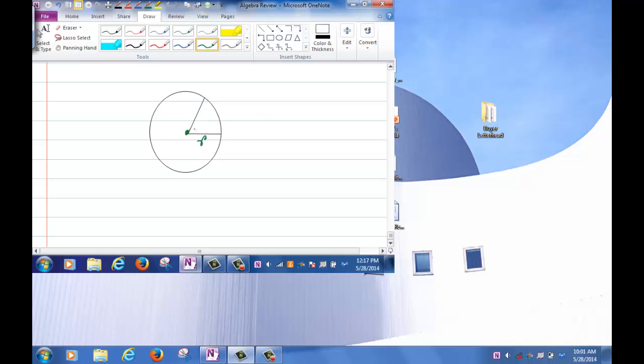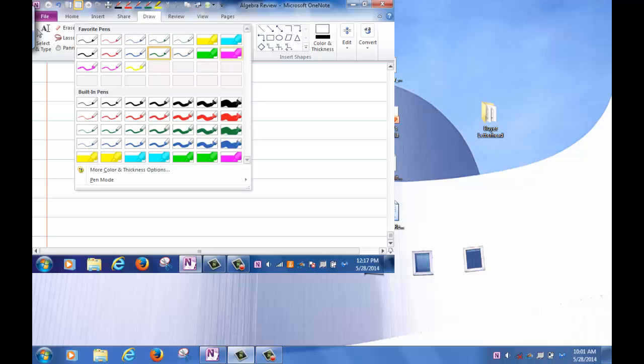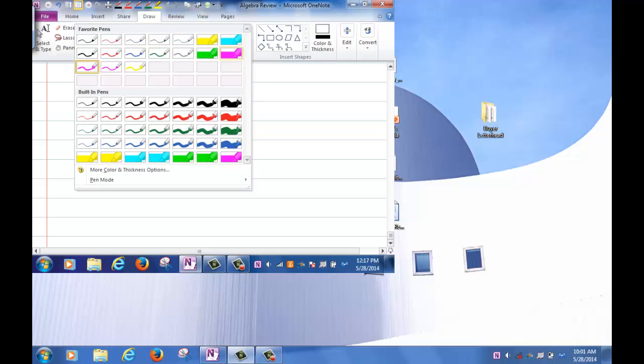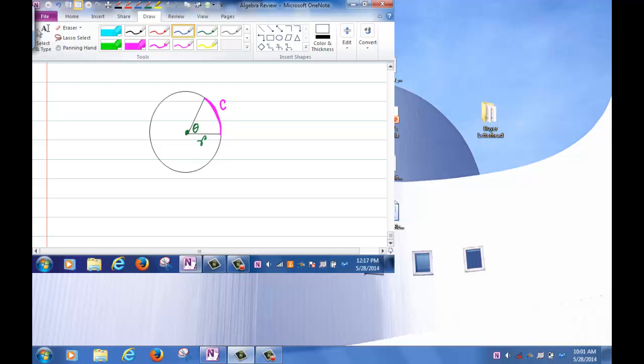So the central angle here is theta, and let's say the central angle theta is subtended by the arc length, this arc length here, right? Theta is subtended by that arc length, and I'm going to call that arc length c. Everybody's okay?